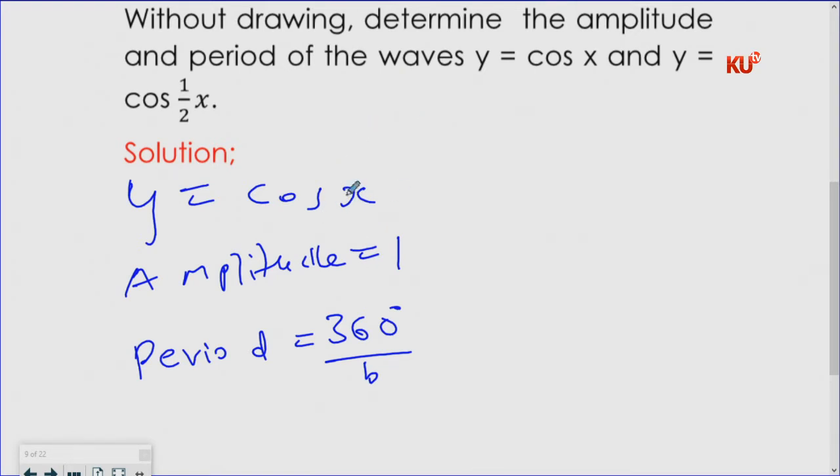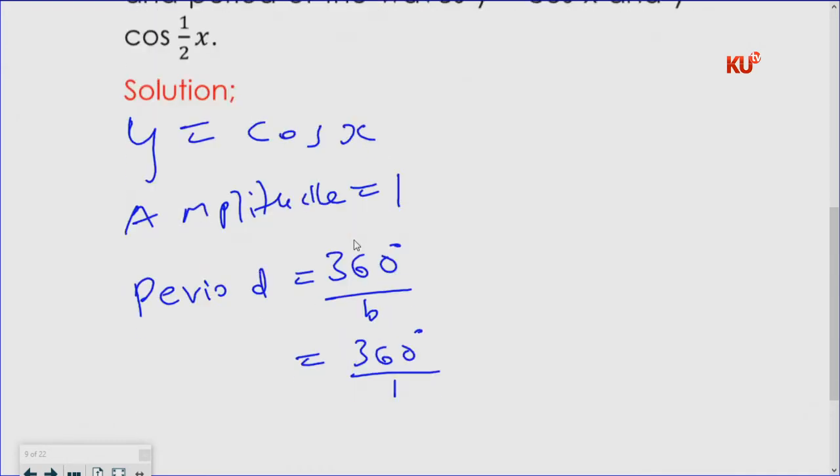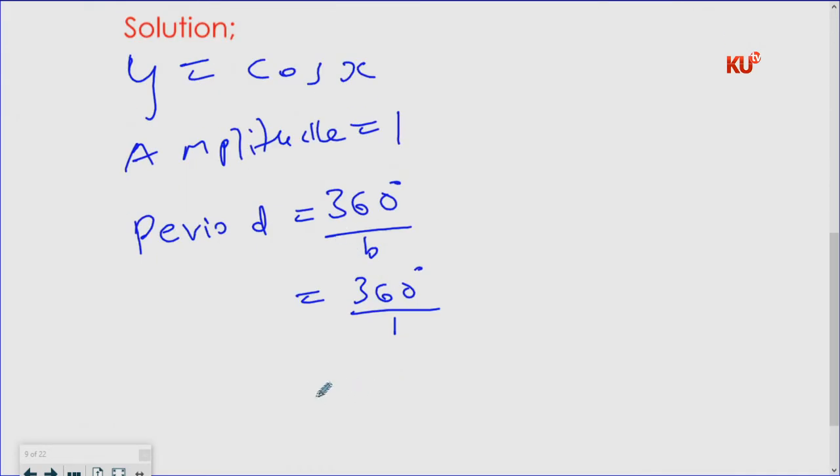So I'll have 360 degrees divided by 1. Of course, you know where this 1 is coming from, because it's the coefficient of x. If you divide 360 degrees by 1, you will get 360 degrees. And that is the period for this first wave.